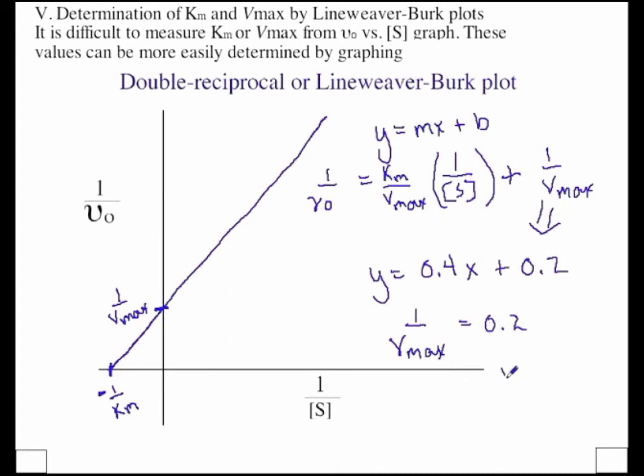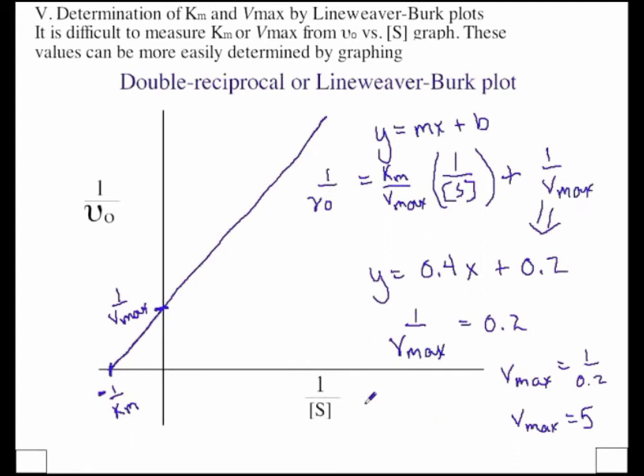So Vmax is going to be equal to 1 over 0.2, which is then of course a value of 5.